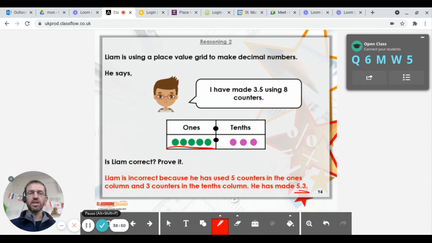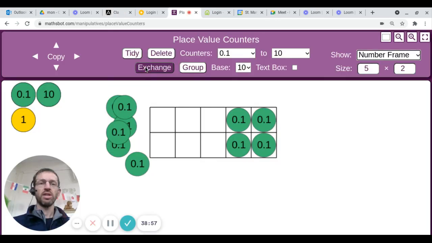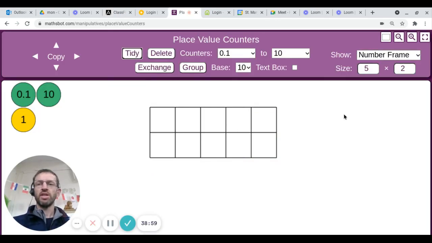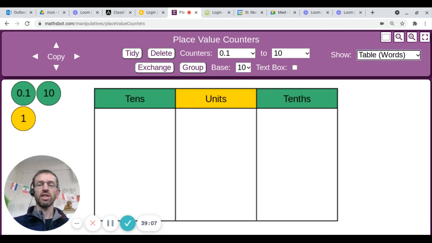Remember, when you're trying to work these things out, you can obviously go back to the math spot if you want to. Let me just tidy that up. You can get a frame out like this one. If you don't want a number frame, if I click on here, I could have, what's this? Table in words. Oh, look, tens, units, and tenths. That's quite handy. The only thing I'd like to see is some decimal points down here, but we know there's your 0.1s, and you can stick your ones in there.